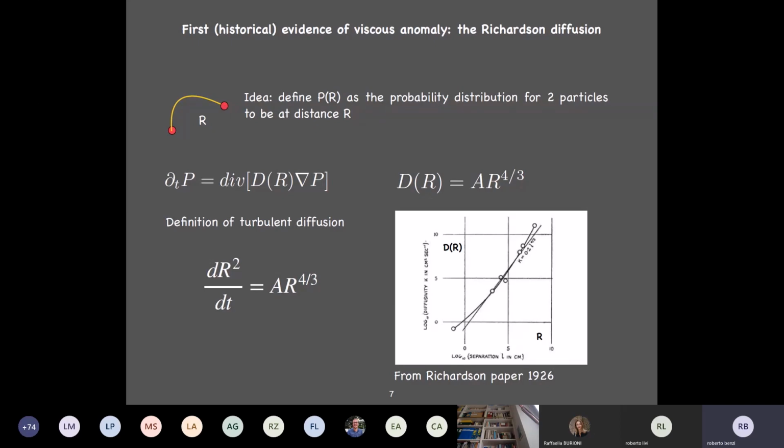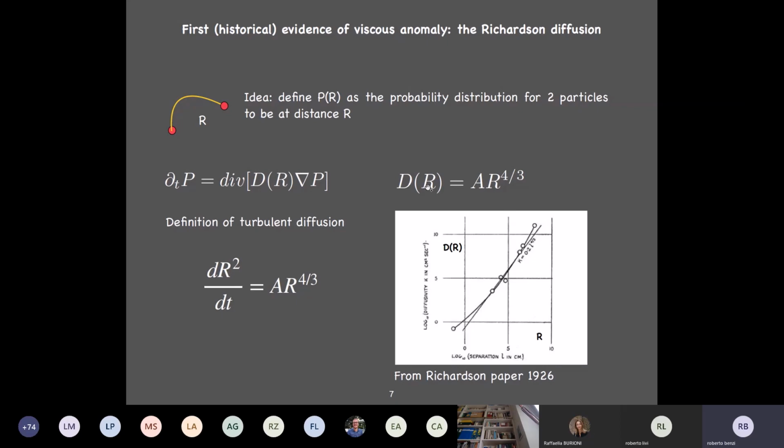And then he was able to derive from the experimental observation that such probability must satisfy this diffusion equation, which is in a rather different form from the classical diffusion equation. And he noted, by looking carefully at the experimental data, that the diffusion term was dependent on r.